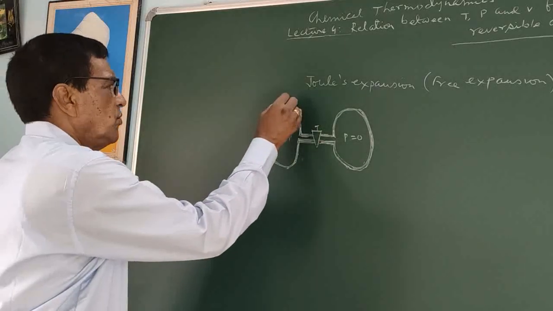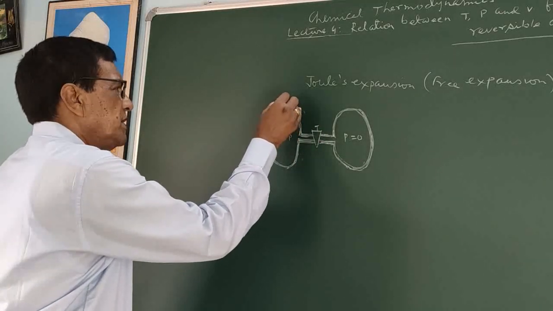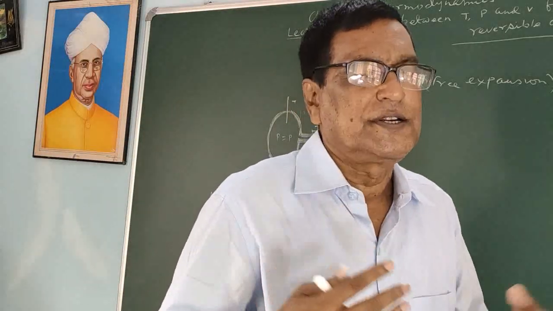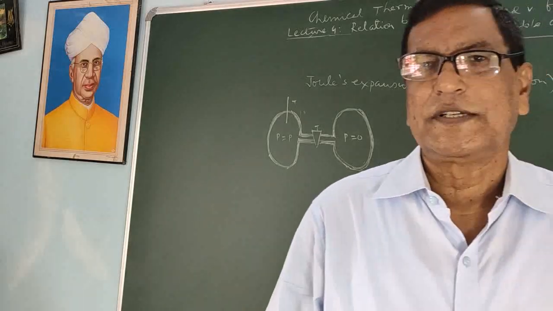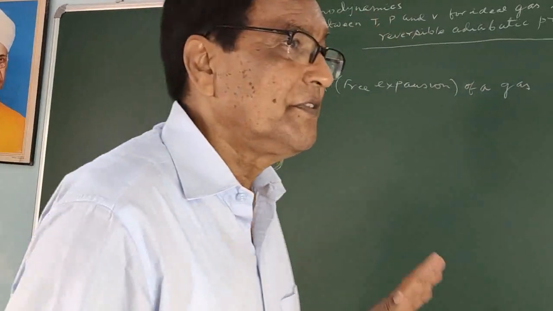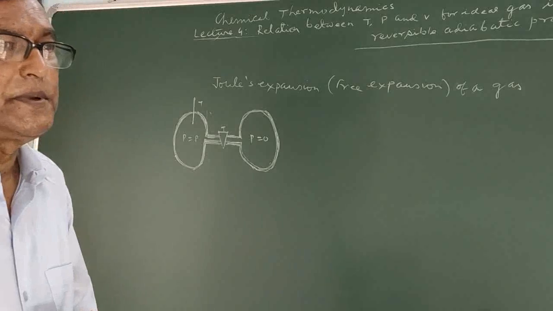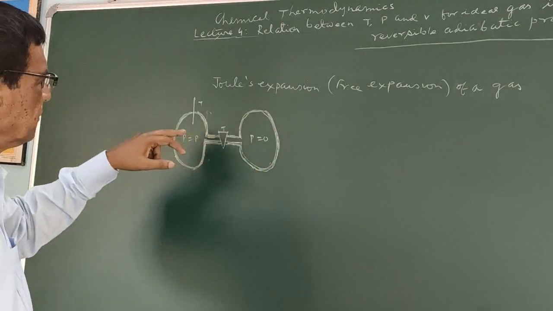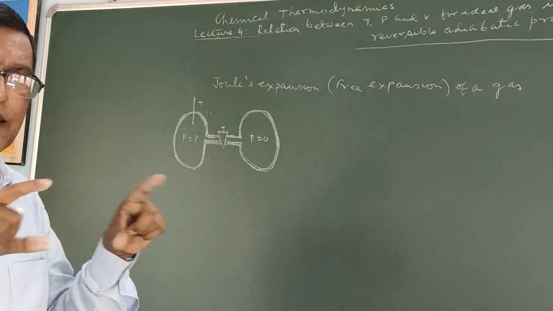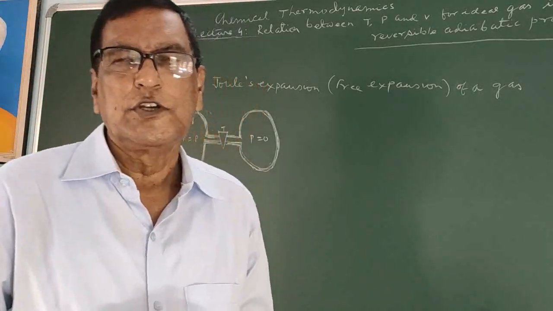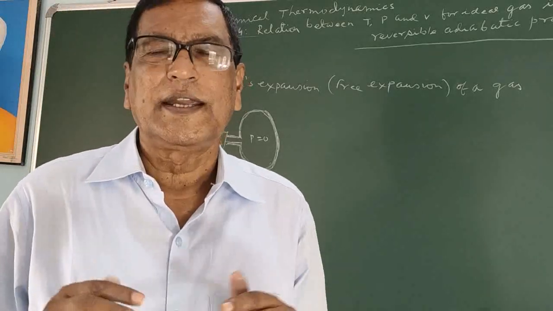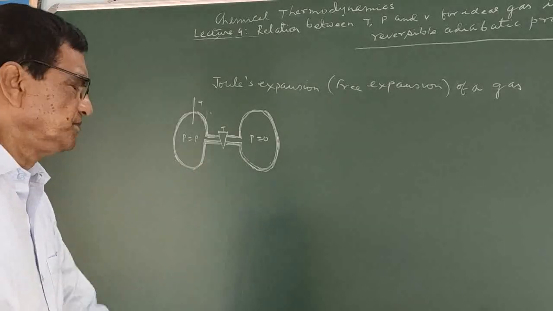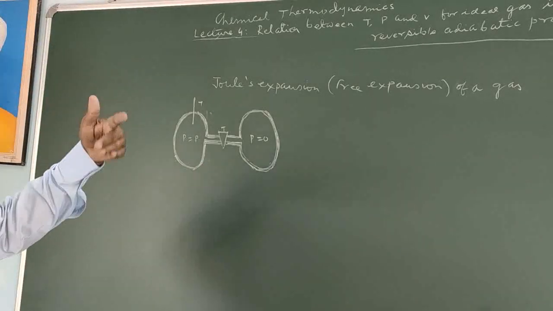Here also one thermometer is placed to see whether any temperature change occurs for this free expansion of the gas. This is the very simplest experiment, and the walls of these two bulbs are wrapped with insulator so that no heat can enter into the system. This is very popularly known as Joule's expansion.